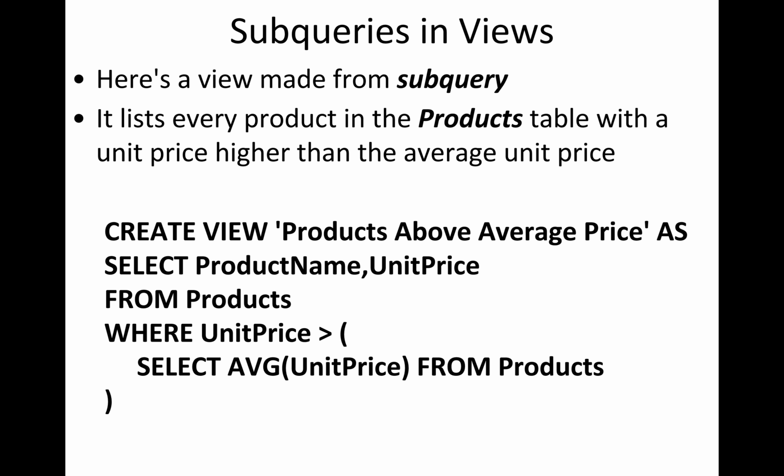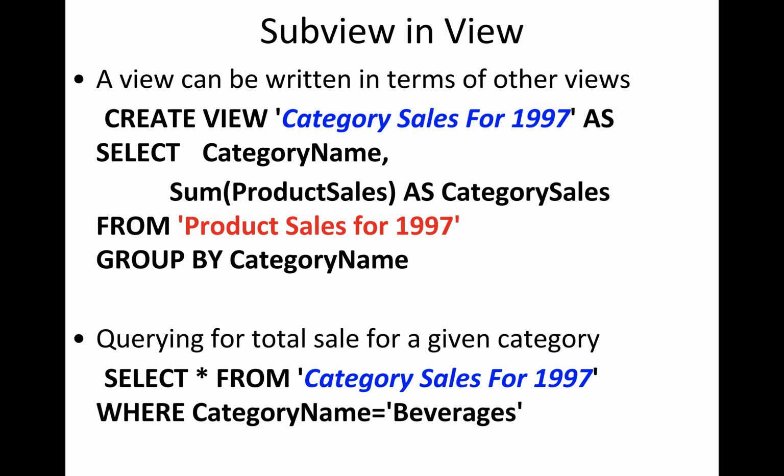This returns only those products whose unit price is greater than the average unit price of all the products. Then we're wrapping this entire nested select statement and giving it a name, products above average price. That generates a new view that we can treat as yet another table, as if it were a table, but it's not.